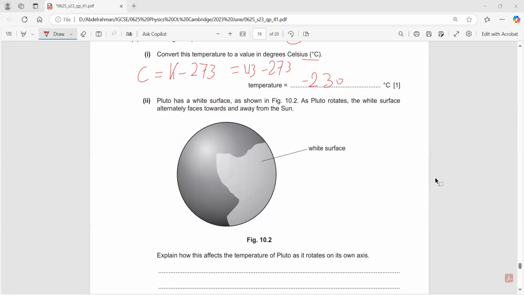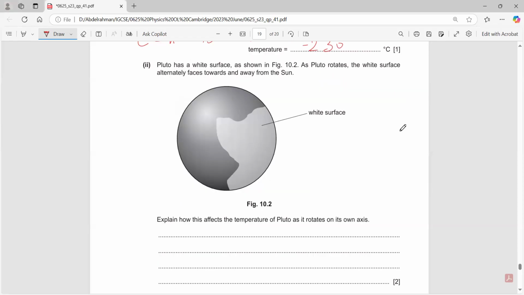So when the white surface is facing the sun, the temperature would increase, but would it increase as much as if the black surface were facing the sun? No. So you need to say that the white surface is a poor absorber of infrared radiation.